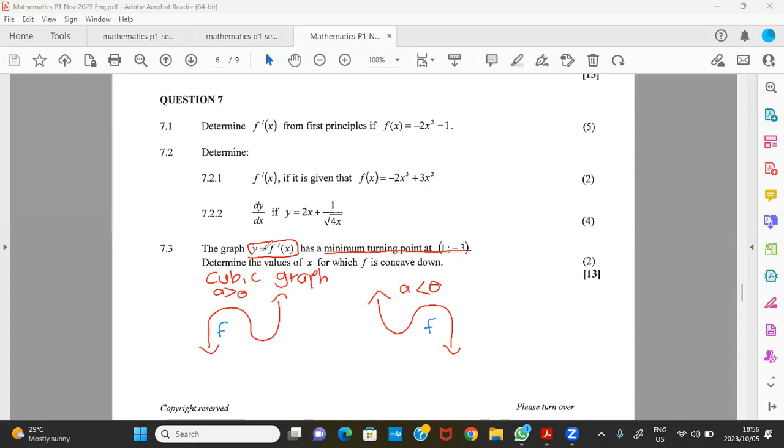Let me write it properly. This is my f of x. And then my f prime x, what will it be? If I have a cubic graph and I'm deriving it, my derivative is going to be a parabola.